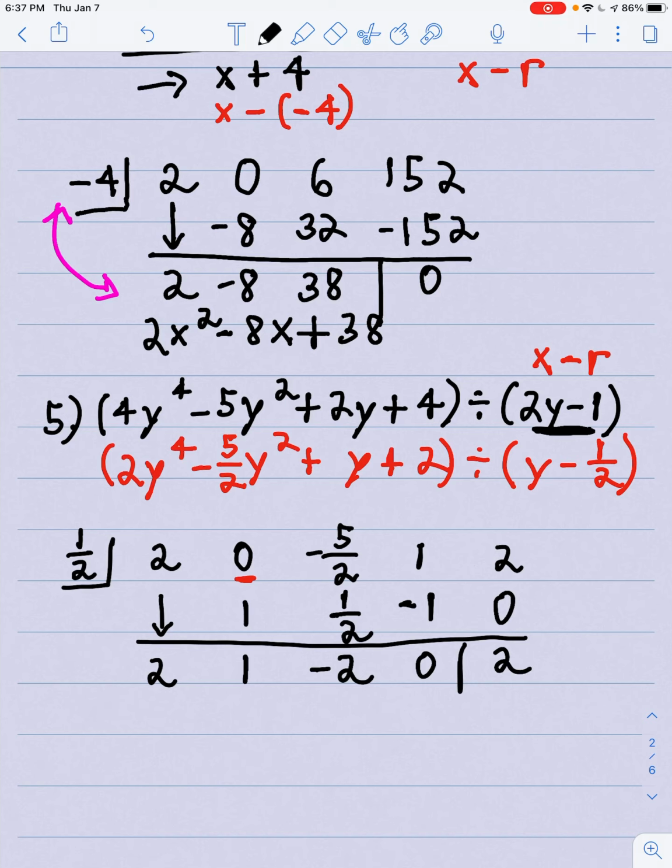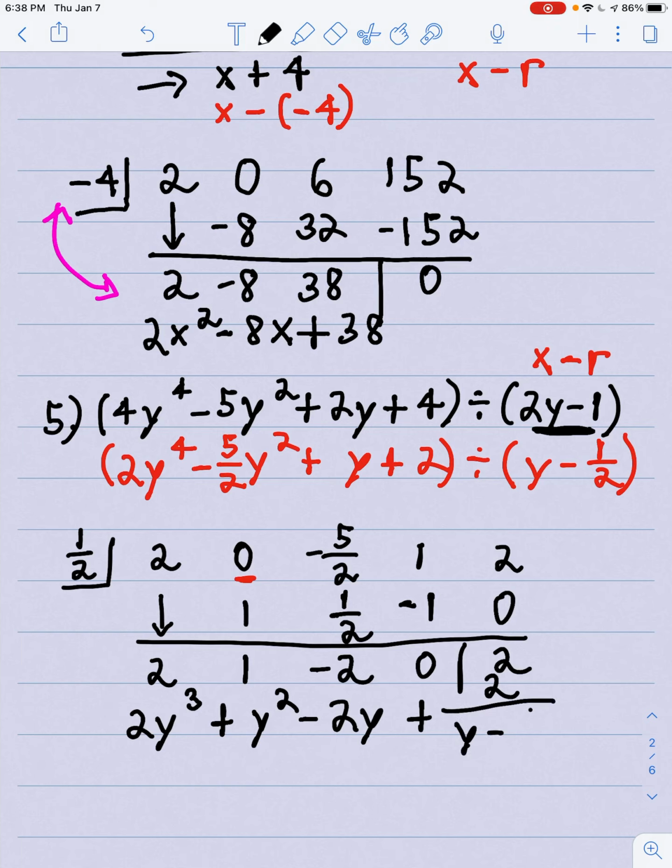So interpreting my result, I get 2y to 1 degree less than I started with, which is y cubed plus y squared minus 2y. I don't have a constant term, so I then can say plus 2, the remainder, over the divisor, which our half box value, we used y minus 1/2.